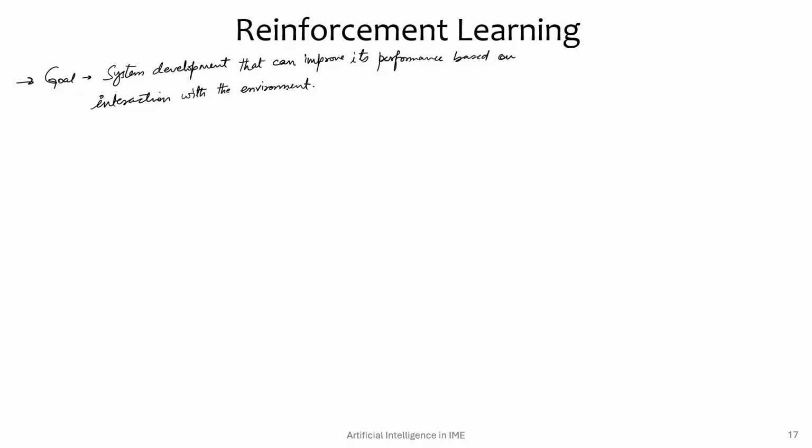So, these kinds of systems feel much more like agents that are working on their own. What we are doing here is trying to develop systems that improve their own performance. How? By interacting with the environment.